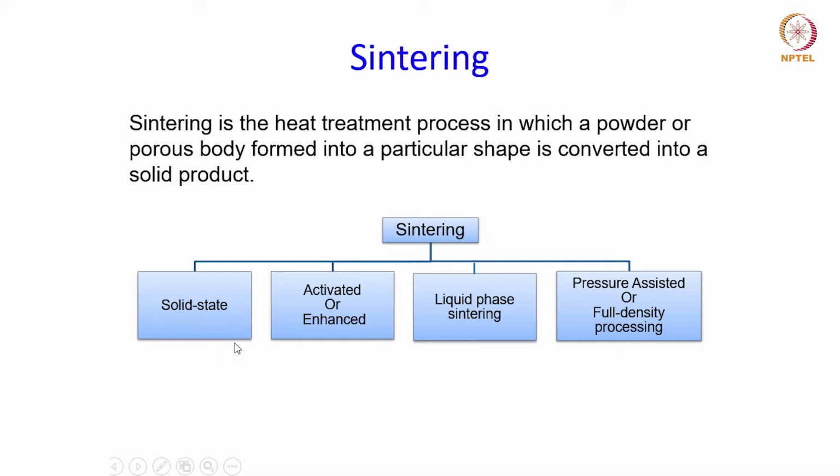On the other hand, you might have materials which are difficult to sinter, and you may not be able to get full density by conventional solid state sintering. So in those cases, you may have to use the other kind of sintering processes, such as liquid phase sintering or pressure assisted sintering.